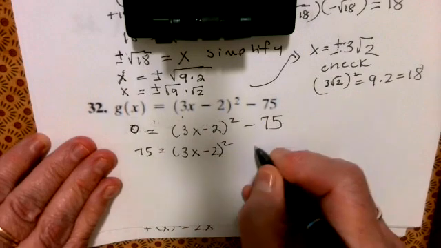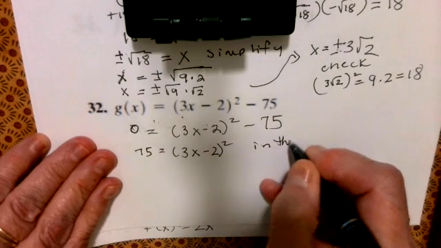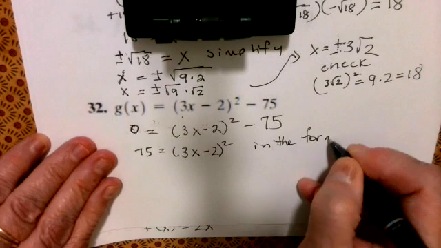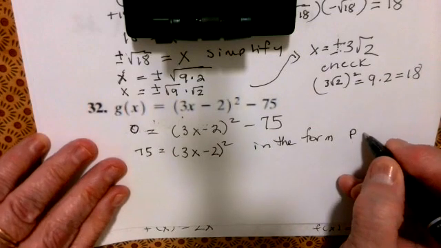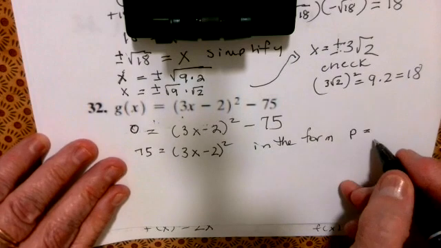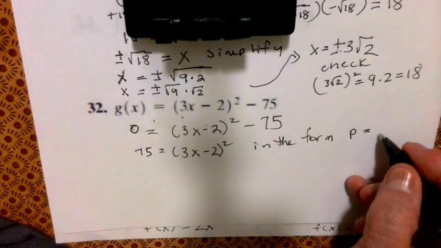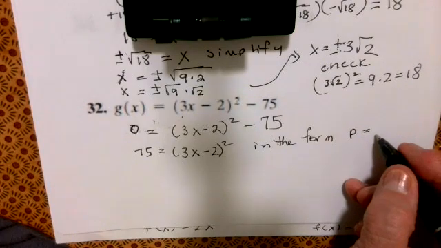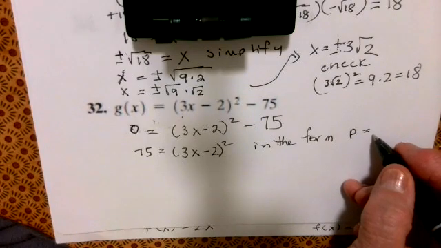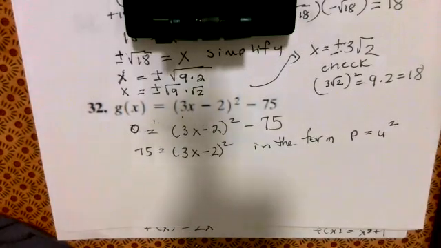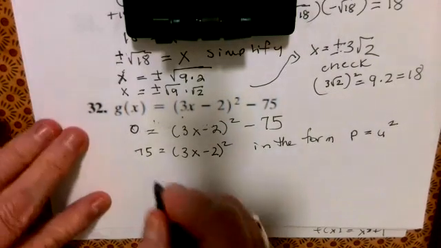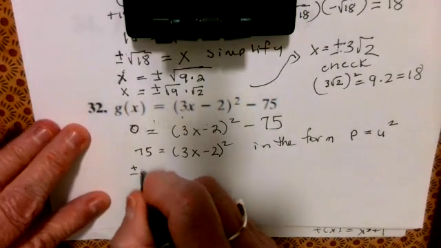And see, this is in the form with the number equal to something squared. So what variable do I want to use? Whatever. Let's just call it u squared. That would make sense. So we can go ahead and use the square root property.